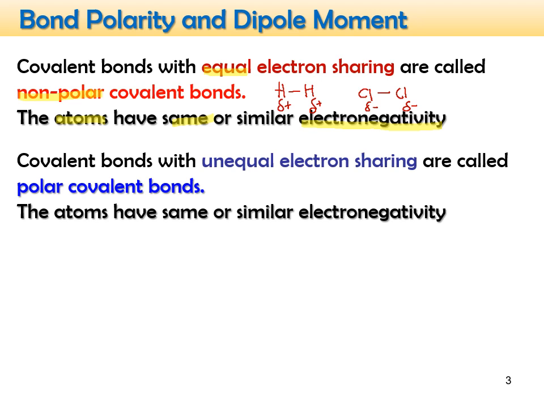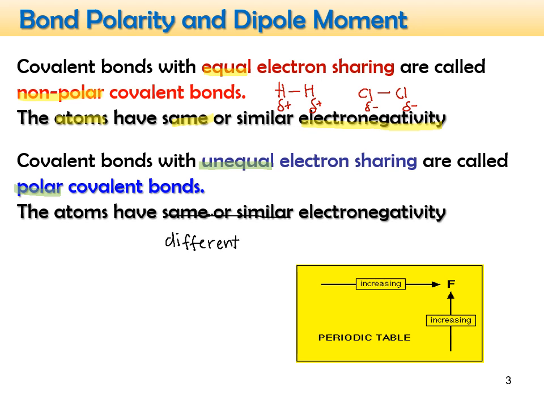Next, for covalent bond with unequal sharing of electron, we call them polar covalent bond. It means the atoms will have different electronegativity.